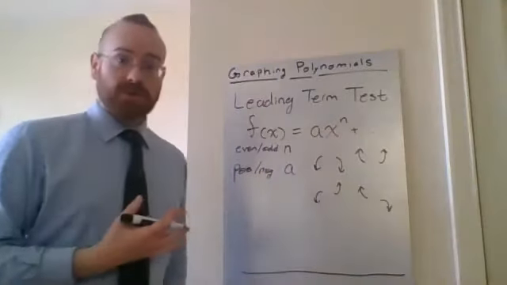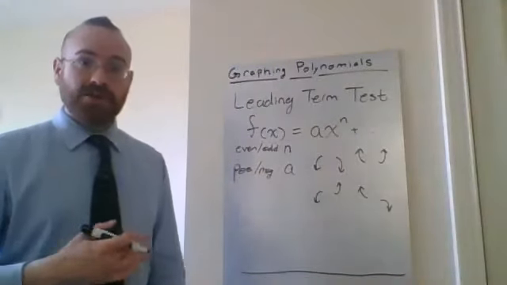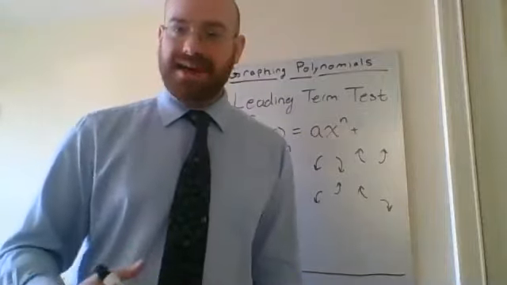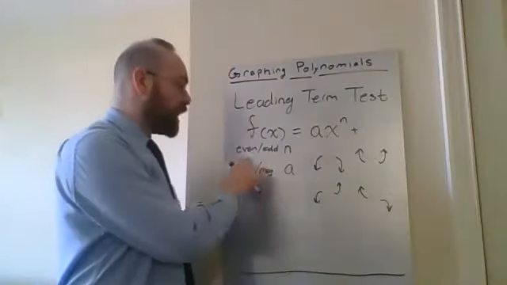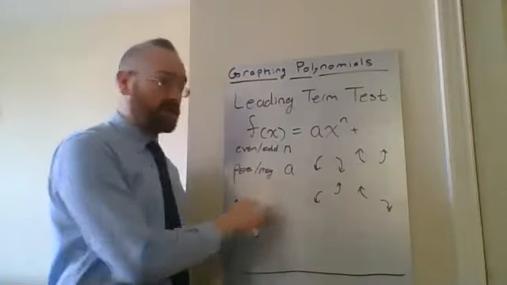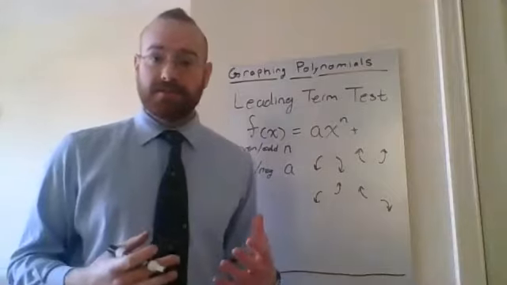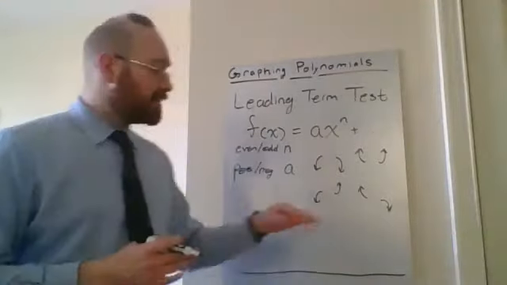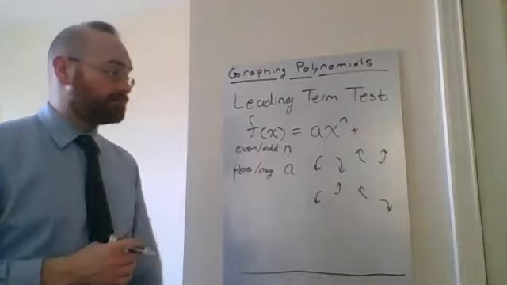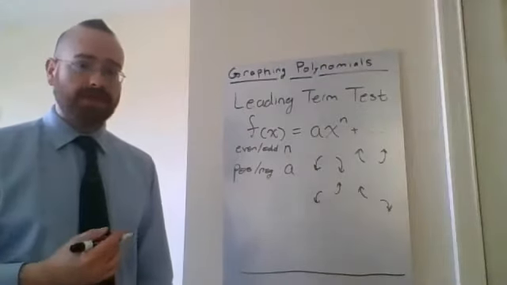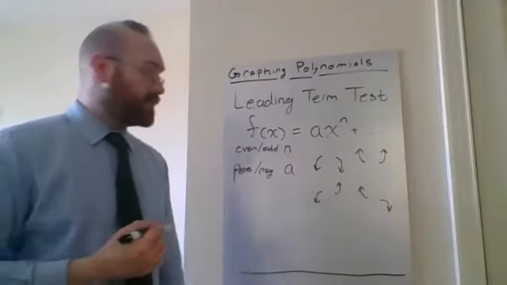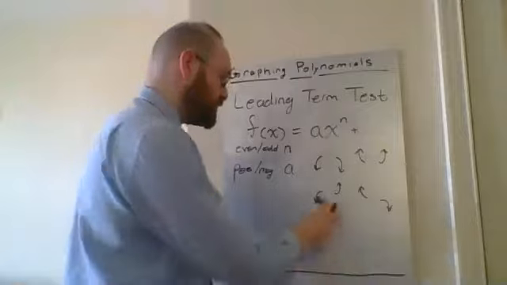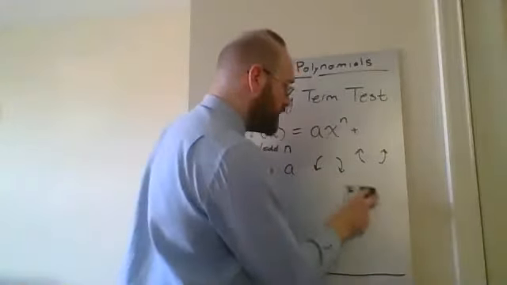So we know that there's going to be 4 different combinations. If you think back to probability and counting, if we have 2 options for one thing, 2 options for another, the fundamental counting principle tells us there are 4 different outcomes. And these are the 4 different outcomes. And we want to be able to describe, what do these things mean? How do we find them?